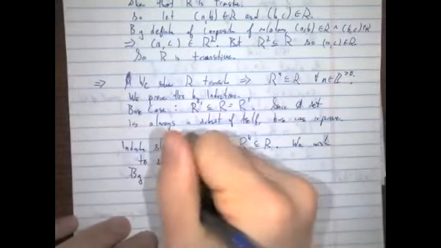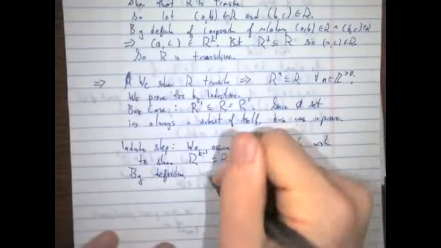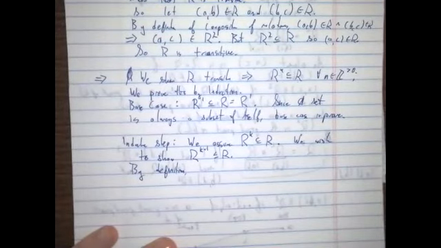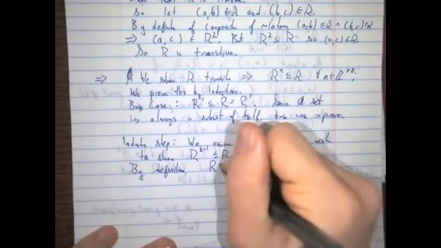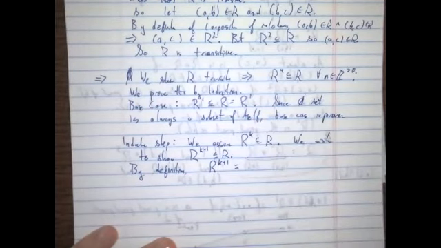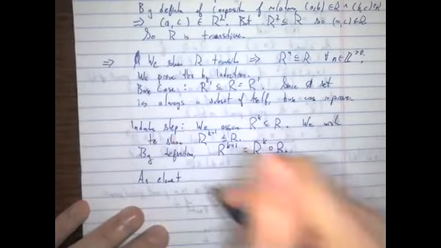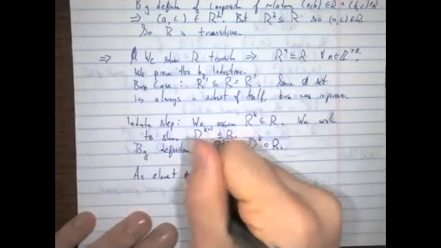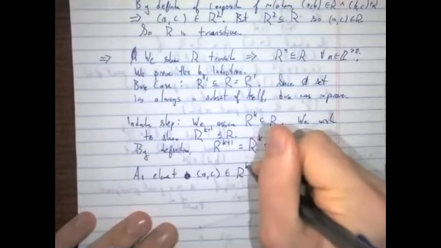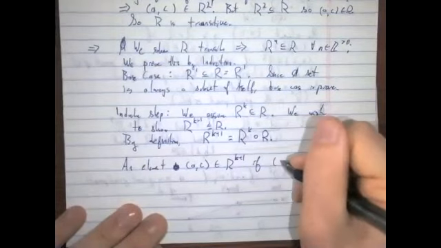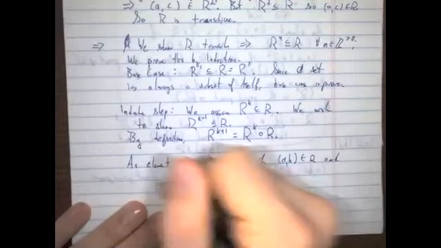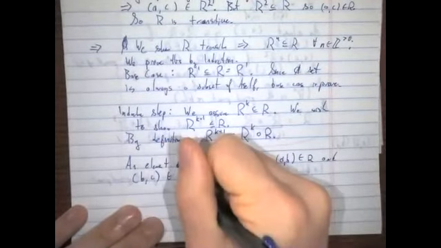By definition, what is R^k, or R^(k+1)? Right, it's R^k composed with R. So an element (a, c) is inside R^(k+1) if there exists (a, b) inside R and (b, c) inside R^k.